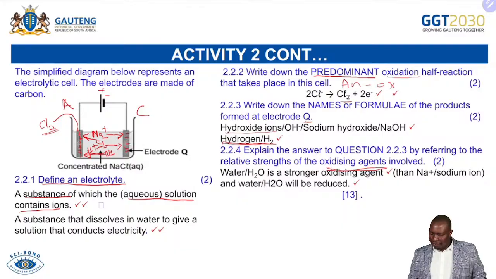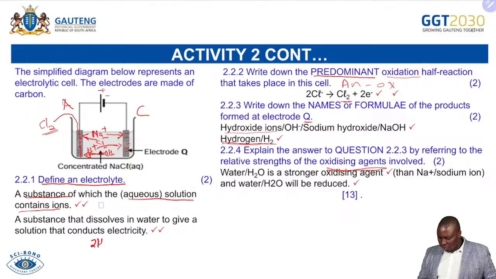On the left, we are having water. Remember, when you look at the table, you will find water, which is 2H2O plus 2 electrons, forming H2 plus 2OH minus.